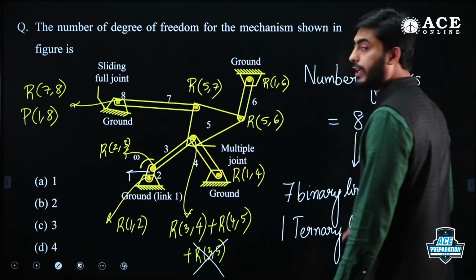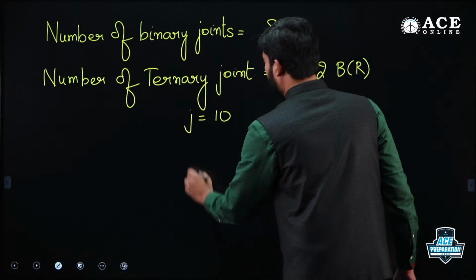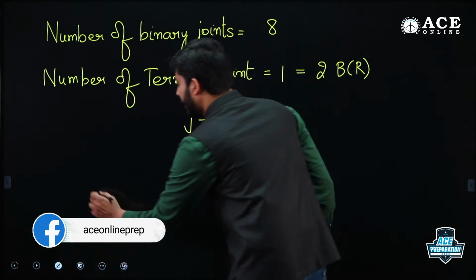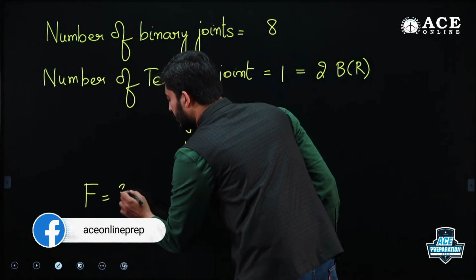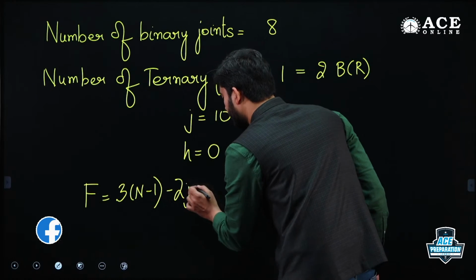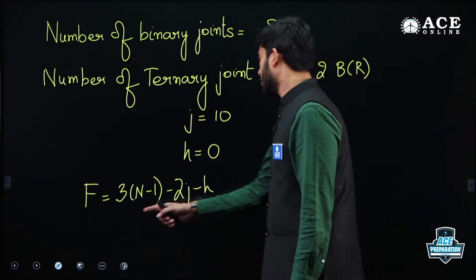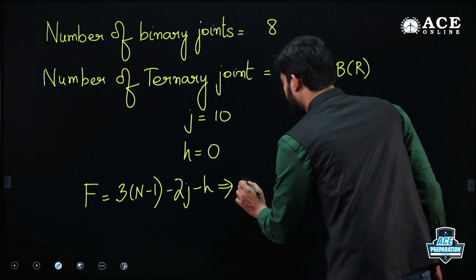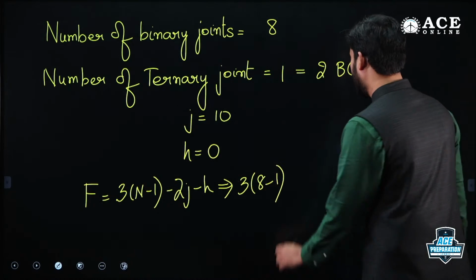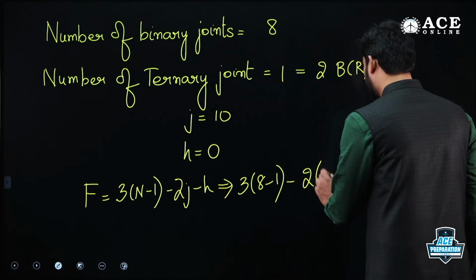So now we can apply the Kutzbach equation. H is equal to 0, and the degrees of freedom F is equal to 3(n minus 1) minus 2j minus H. So here the number of links is 3 into (8 minus 1), guys, minus 2 into the number of joints, which is 10.